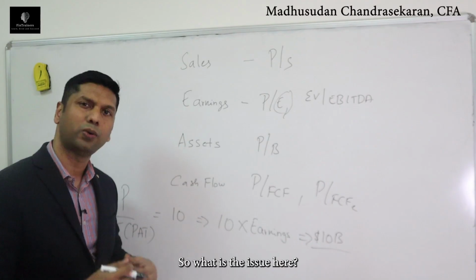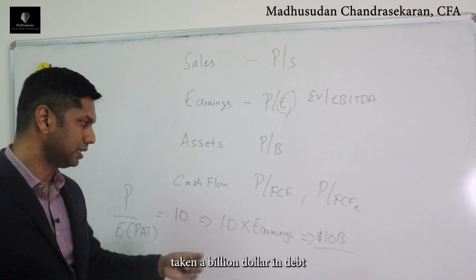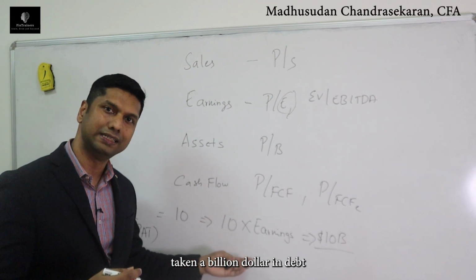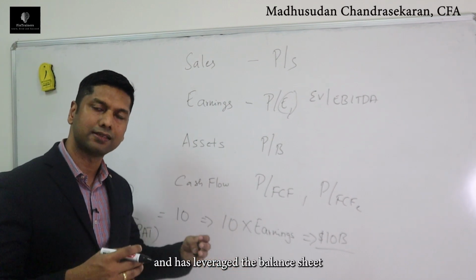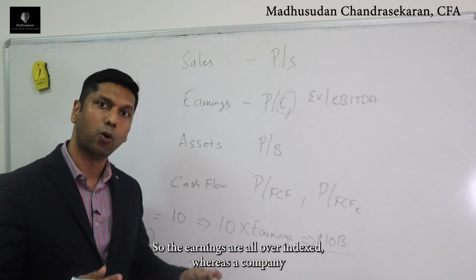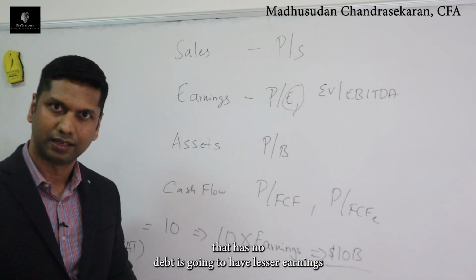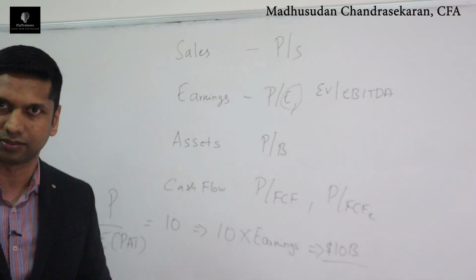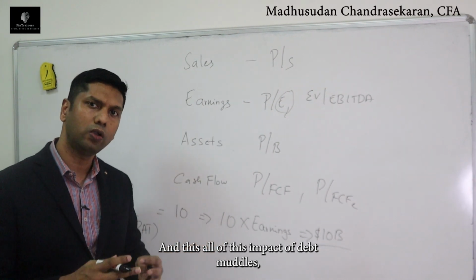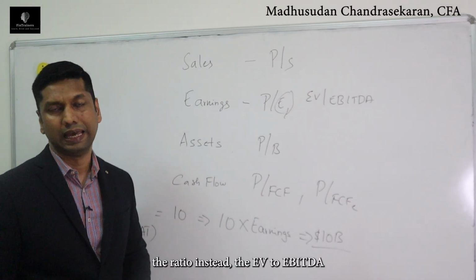So what is the issue here? Let's assume this company has taken $1 billion in debt and has leveraged the balance sheet. So the earnings are over-indexed, whereas a company that has no debt is going to have lesser earnings. And all of this impact of debt muddles the ratio.